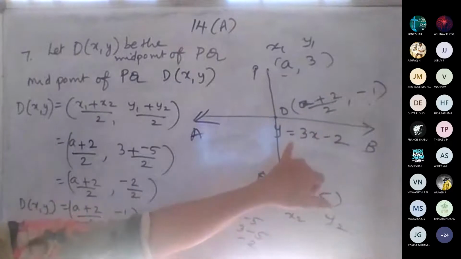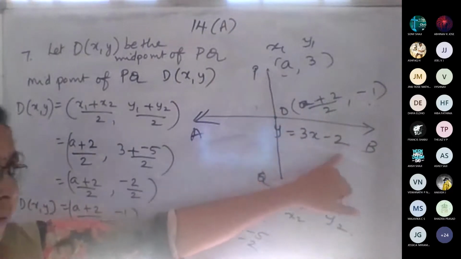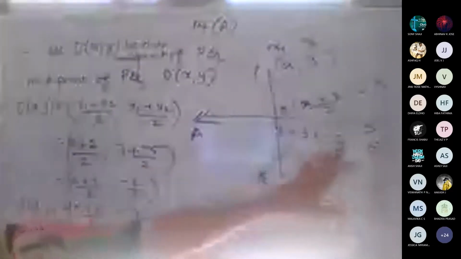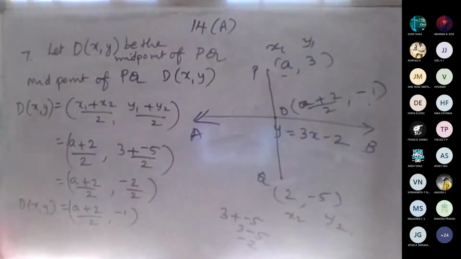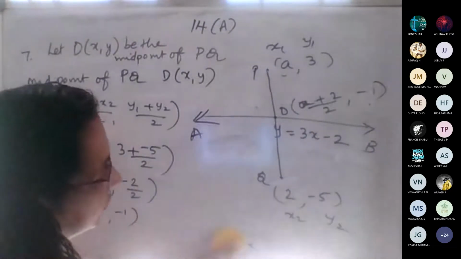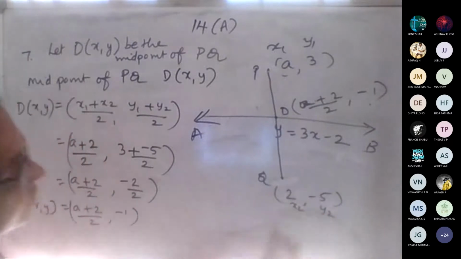That means it satisfies the equation y is equal to 3x minus 2. From there we will get the value of a. Okay, so up to this is completed now.